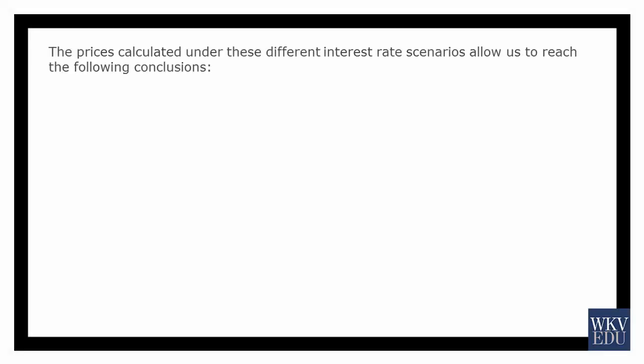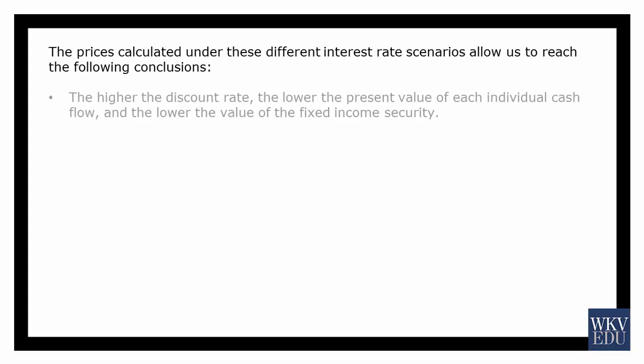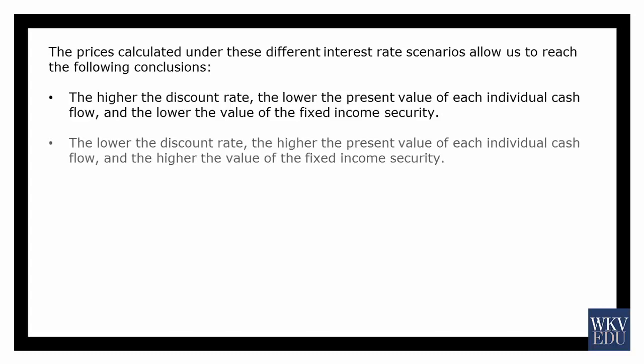The prices calculated under the different scenarios allow us to reach a couple of important conclusions. Firstly, the higher the discount rate, the lower is the present value and the lower is the value of the fixed income security. This is the basics of discounting and compounding, and I am sure you have been aware of this since primary school.